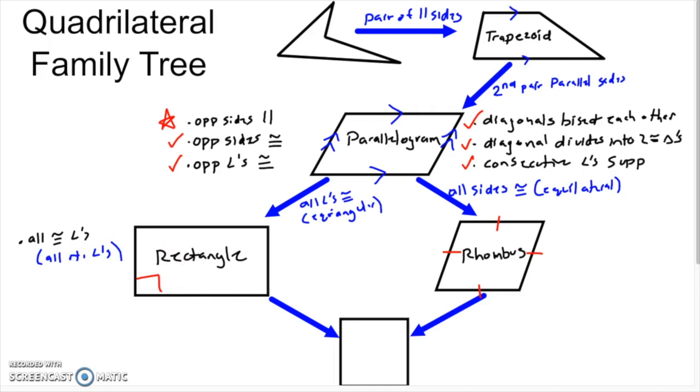The other property we get that's kind of cool is that the diagonals are now congruent. Now this was not true for a parallelogram. In a parallelogram, you can have a long diagonal and a short diagonal. But in a rectangle, we only get one length for the diagonals. They're always going to be congruent.